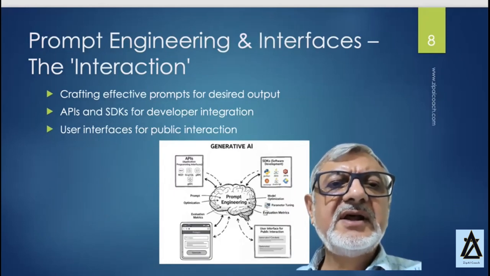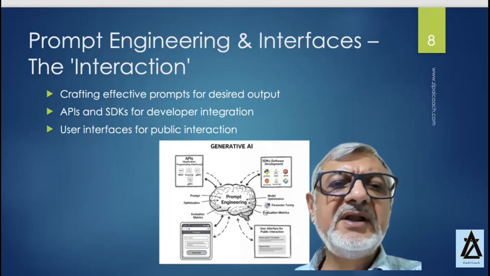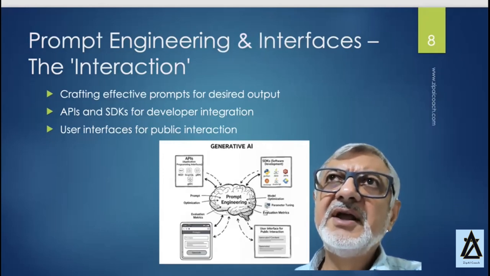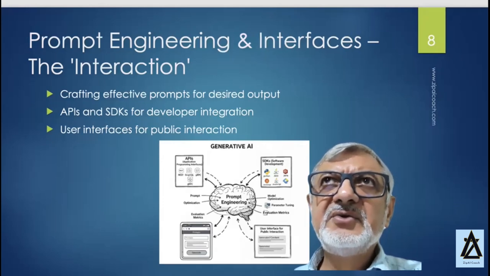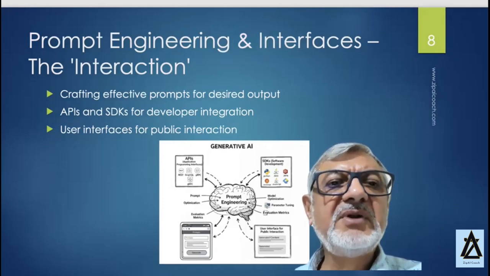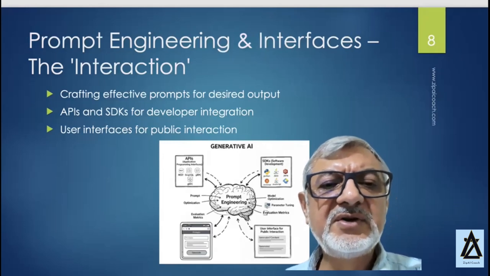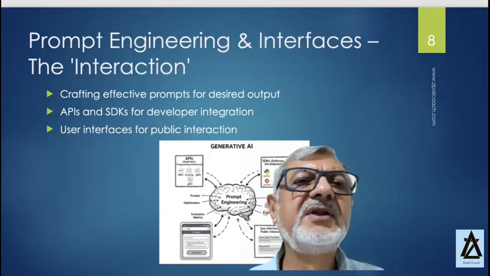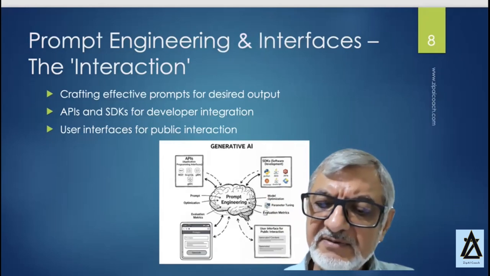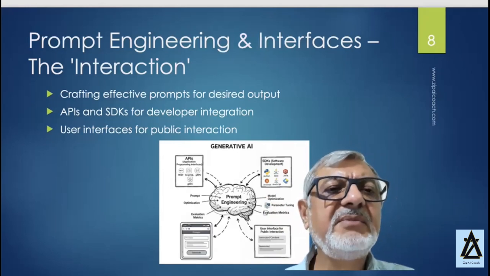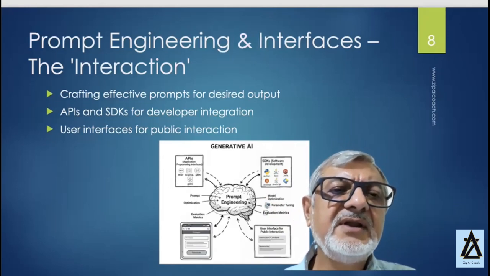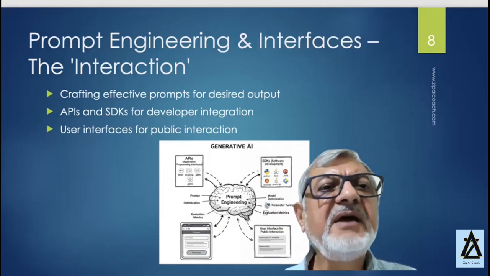So there are possibilities of expanding the generative AI model into various interfaces using an app, using a software development kit, or through direct audio and text inputs given by the user.